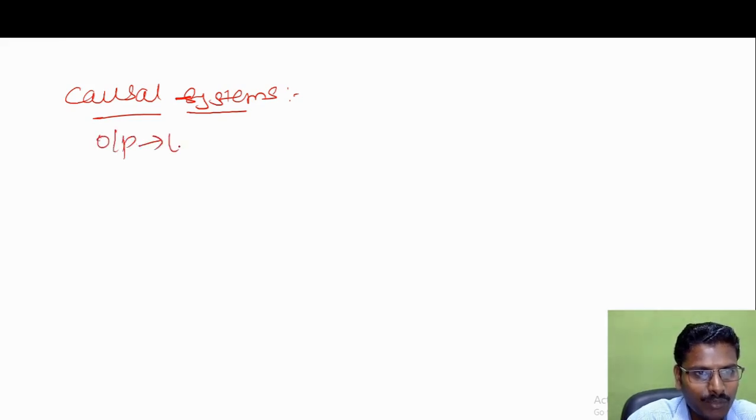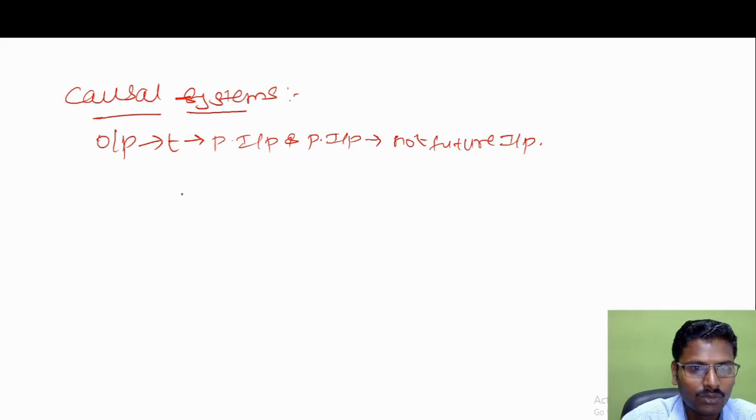So the definition for a causal system is: the system whose output at any time t depends upon the present input and past inputs, right? Present input and past inputs, but it will not depend upon future inputs. Then the system is said to be a causal system.